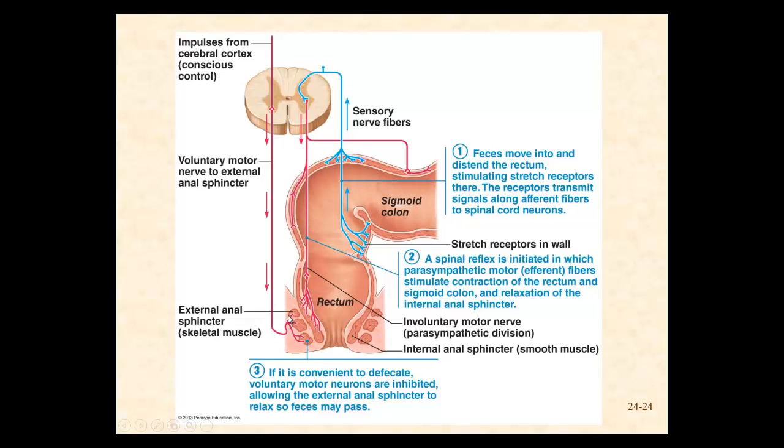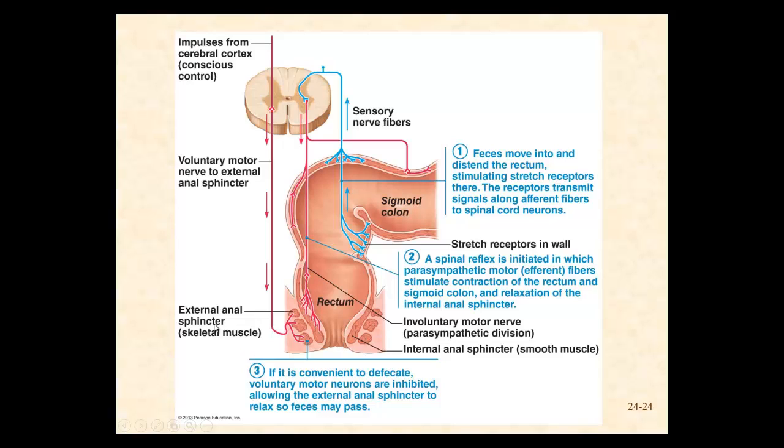The external anal sphincter, like I said, is under our voluntary control, but we do have an internal anal sphincter that is not under our voluntary control, and that's what causes, when there's mass movements, that urge for the stool to leave the body. And depending on the ability of the person to control that external anal sphincter, that will determine if they are continent of stool.